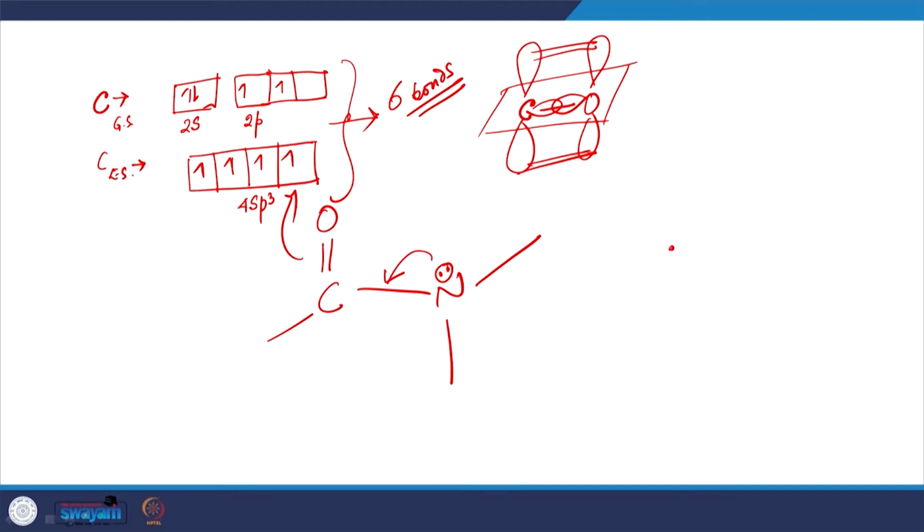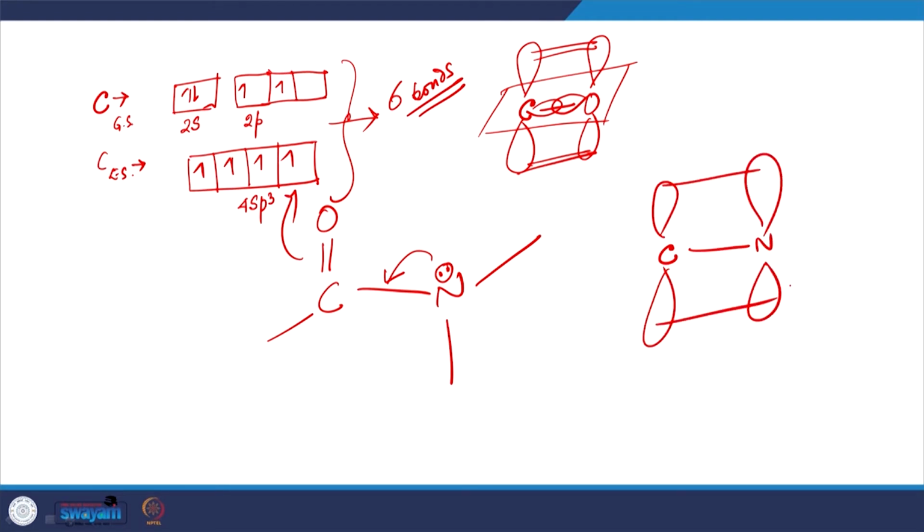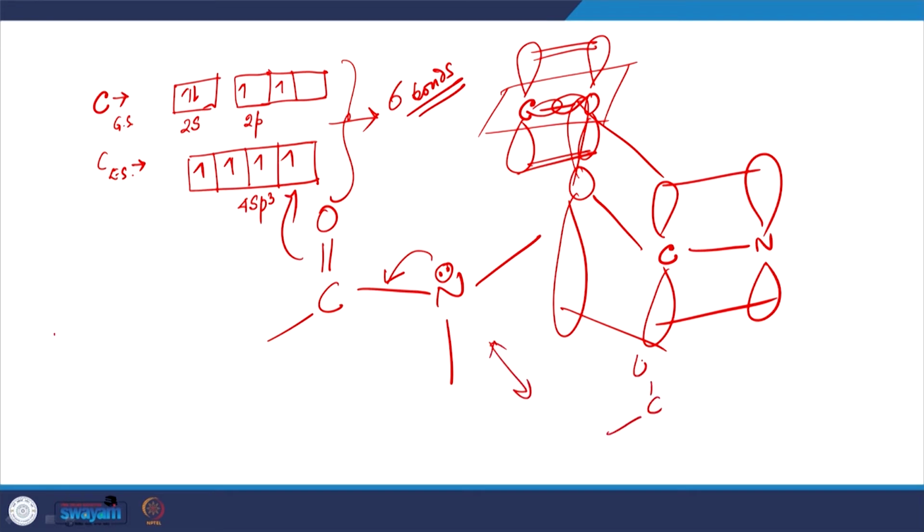So now it would form a situation like this, where if you see now they have a delocalized state where there would be resonances. So this is one, this is the another one.